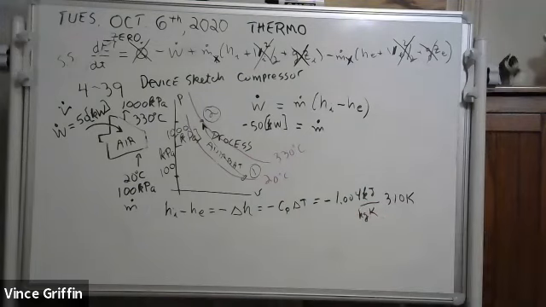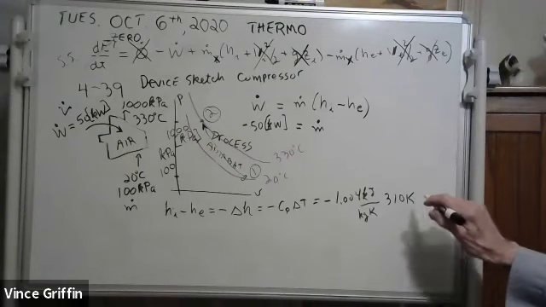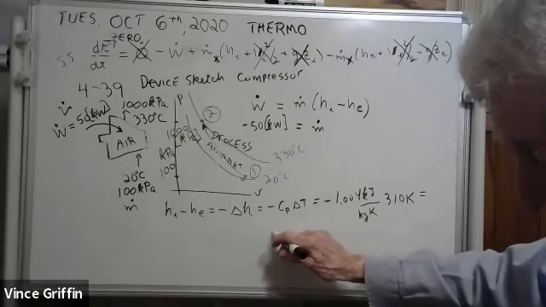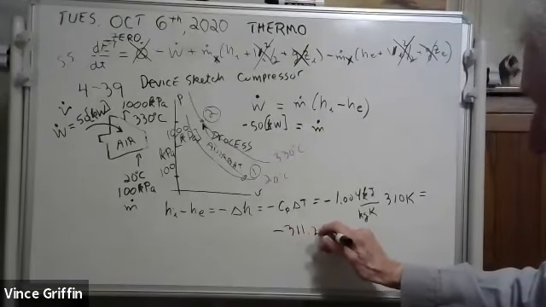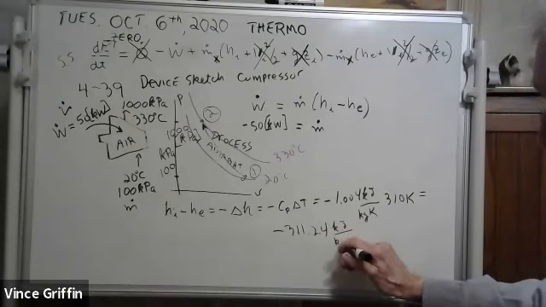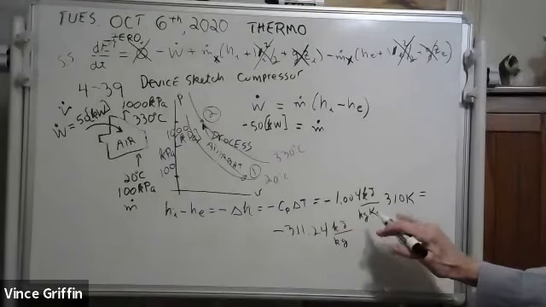Plugging this in now. And I'm getting 1004 times 310. I'm getting a minus 311.24 kilojoules per kilogram. See, the kelvins go bye-bye.